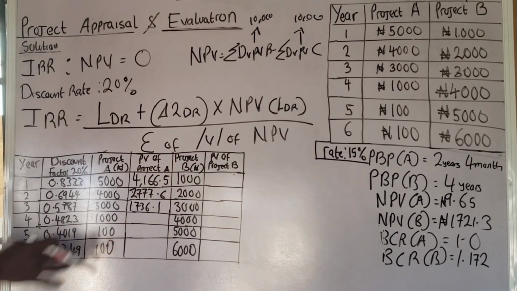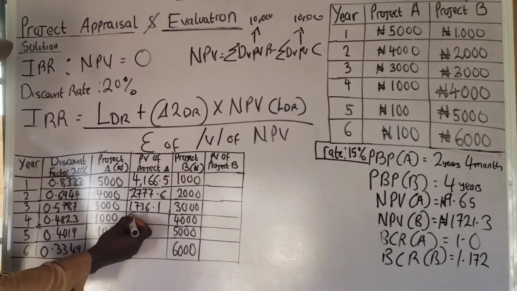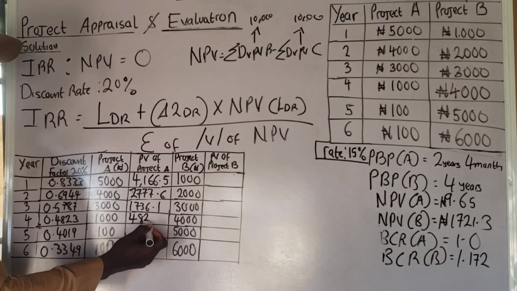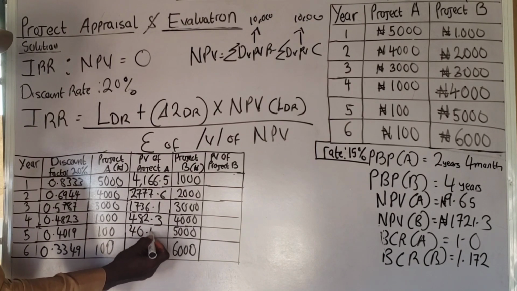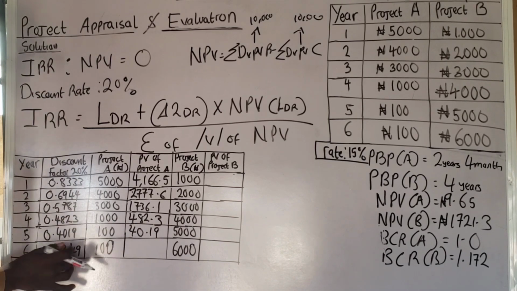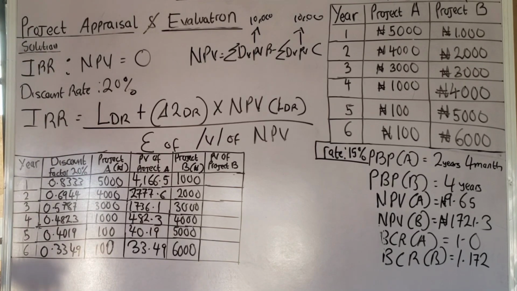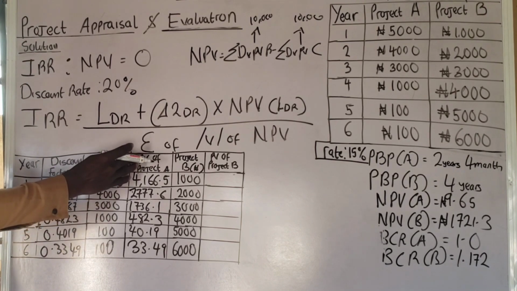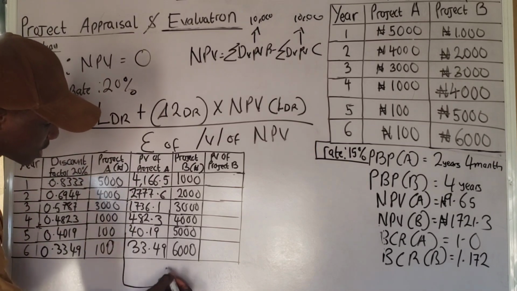And for this case, 0.4823 multiplied by 1,000 is 482.3. For this, I'm going to have 40.19, and for this 33.49. I'm just taking the product of each present value and its discount rate. So I have gotten the product of the present value and the discount rate of the income stream of project A.